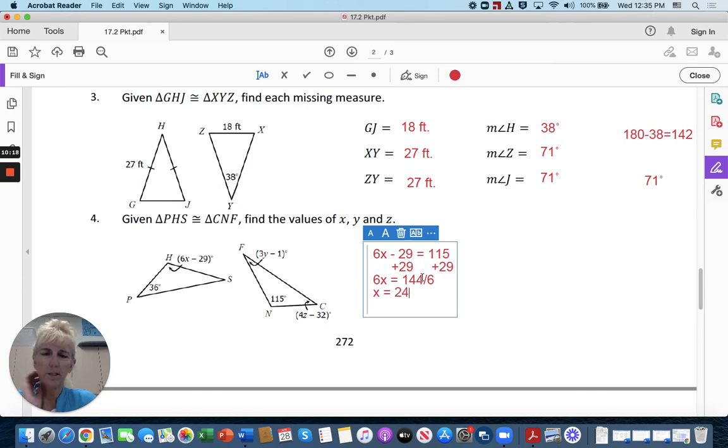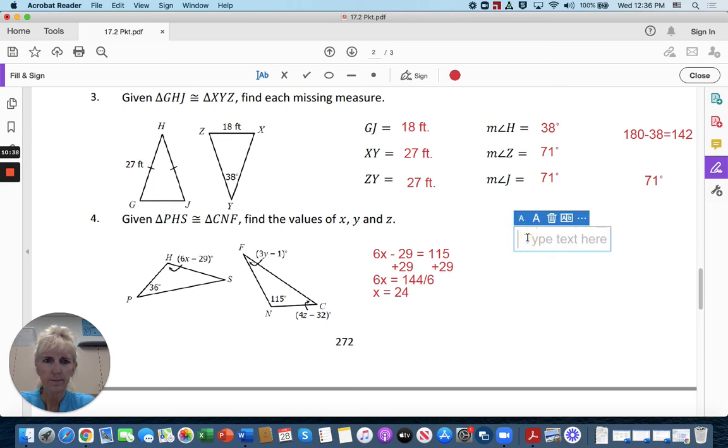So then we go 6 times 24 is 144. Minus 29, and we get 115. So we say angle H equals 115.